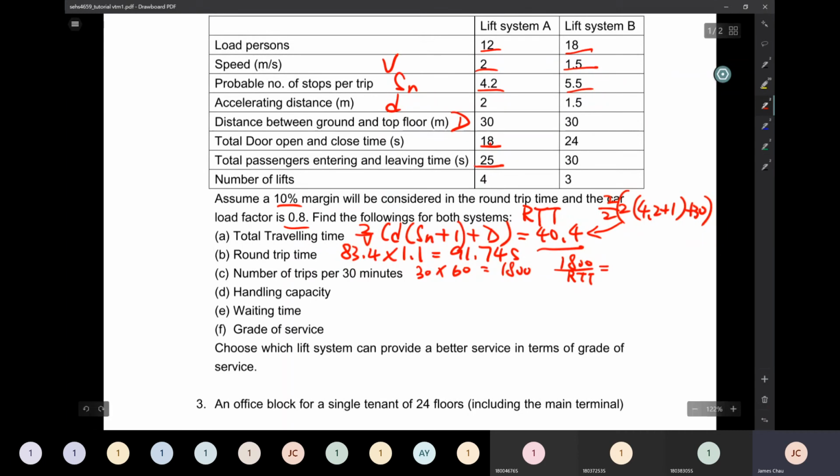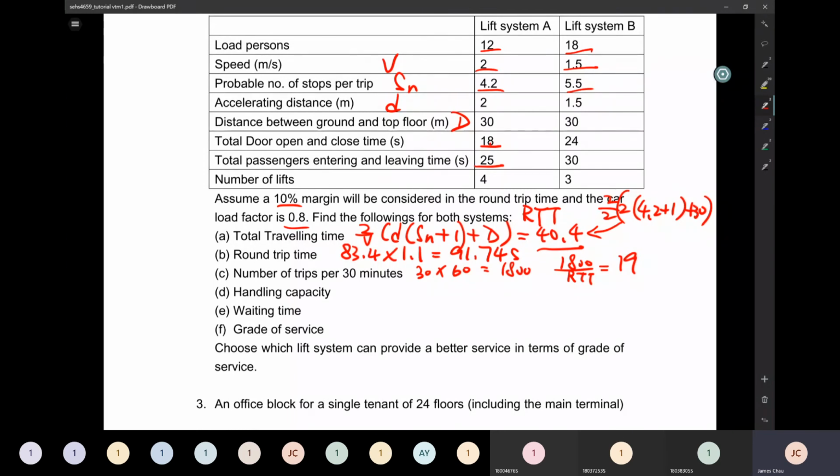Because in 1,800 seconds, you can count the number of round trips for the lift. After you make the calculation, it becomes 19. Now you may have a decimal number for this value, but because the trips should be an integer, you truncate the decimal part, so it becomes 19 trips.